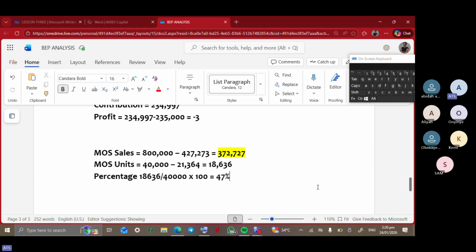The PV ratio is usually used as the same thing as the contribution to sales ratio, CSR. It is not the same thing as margin of safety.